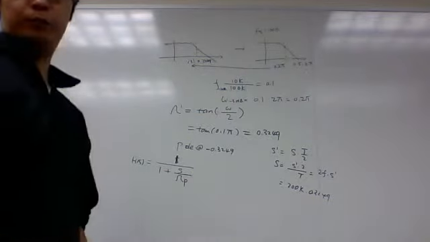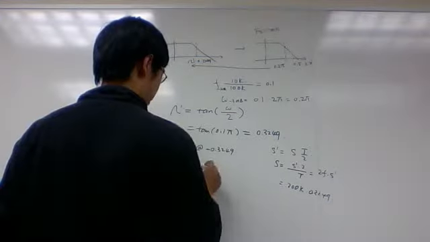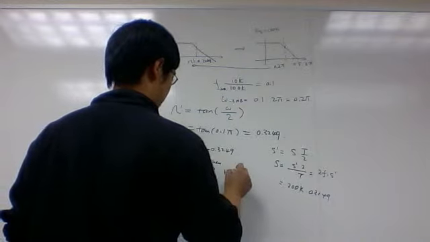So this one, you use this one to translate with the bilinear. So translate to an H of z, right?